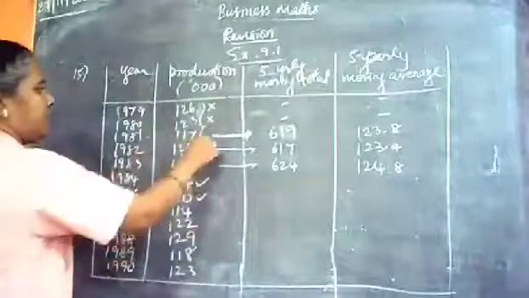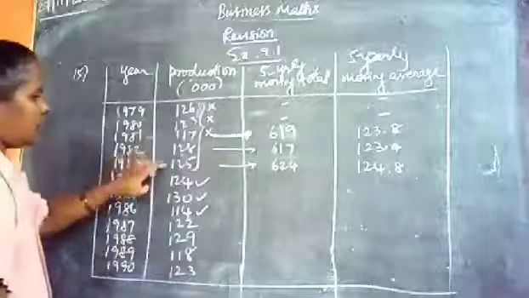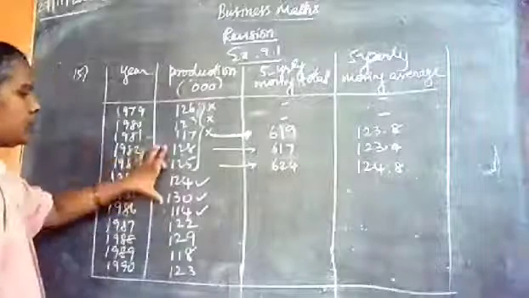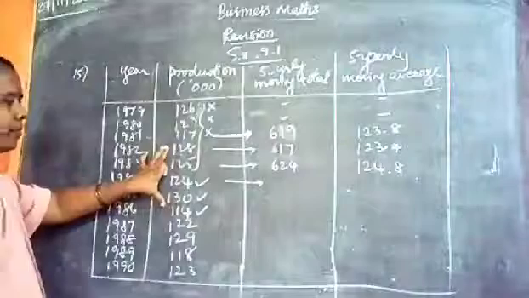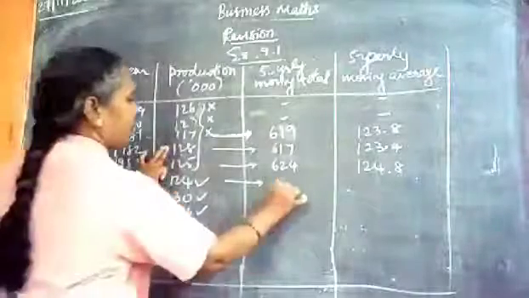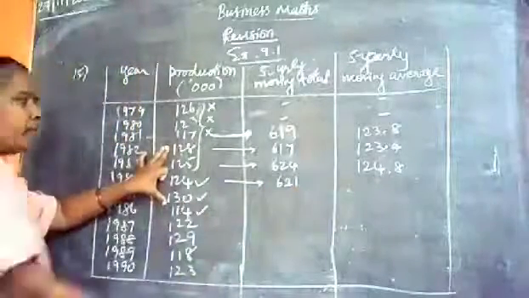Next leave this 117. Join 114. So 1, 2, 3, 4, 5. Yes, total 621. Divide by 5. 124.2.